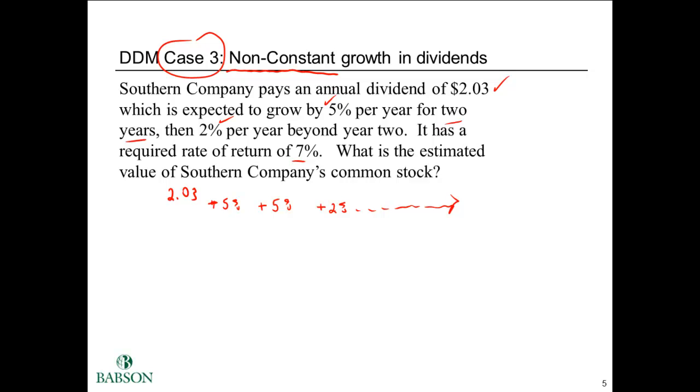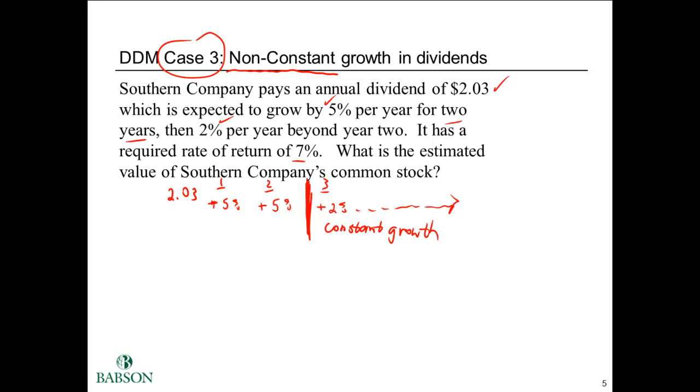The first thing that you need to notice is that a non-constant growth period occurs for the first couple of years, and then year 3 and beyond is the constant growth period. So we can actually employ the constant growth formula for year 3 and beyond.